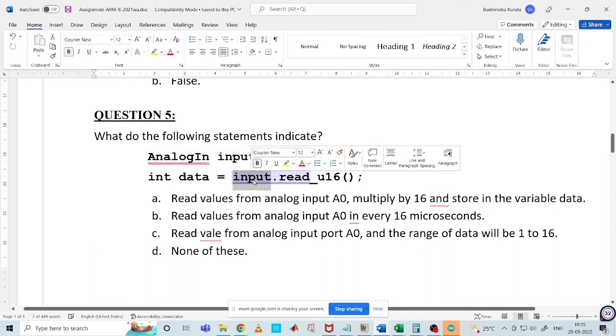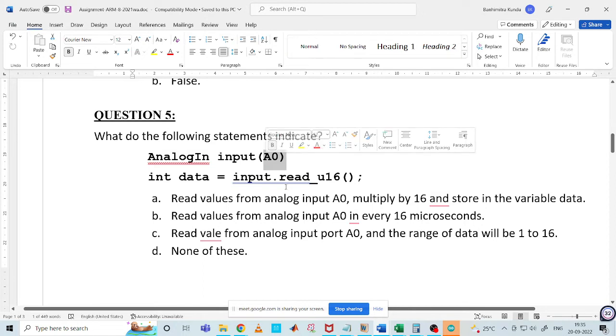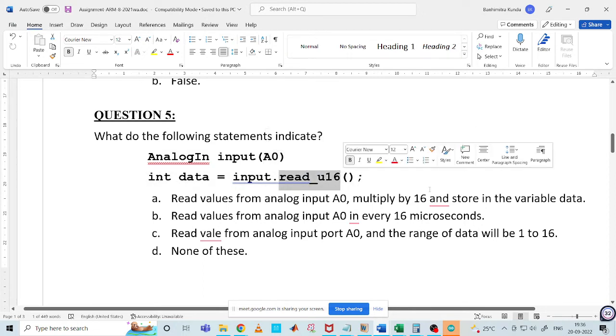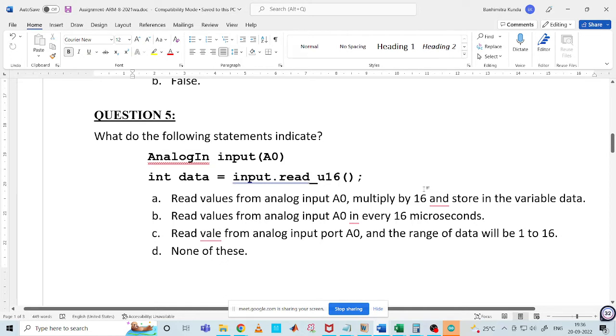Input dot read U16 means whatever input is taking data from, which is A0, you read it in 16 bits. It may happen the ADC is converting only to 10 bits, but still the data will be of 16 bits; the other 6 bits will be 0. That's all.